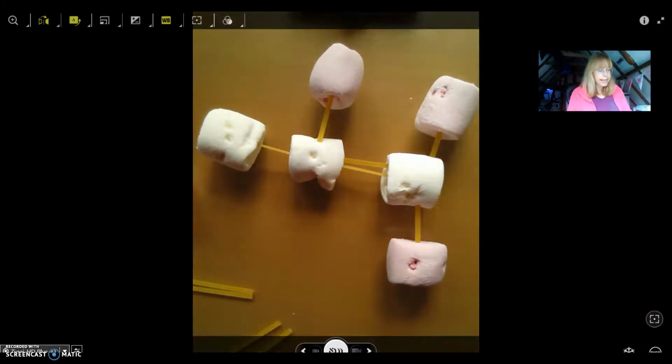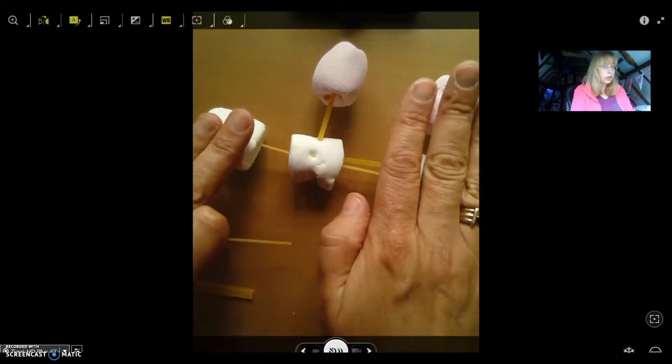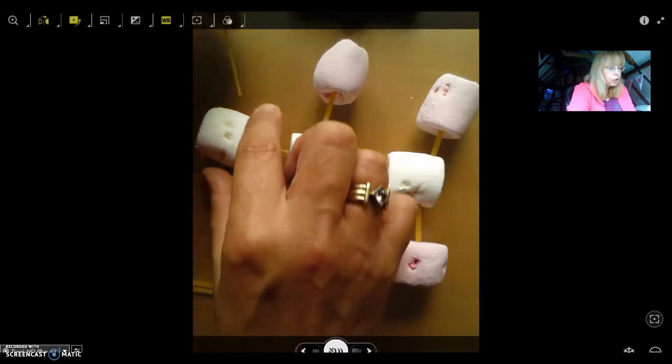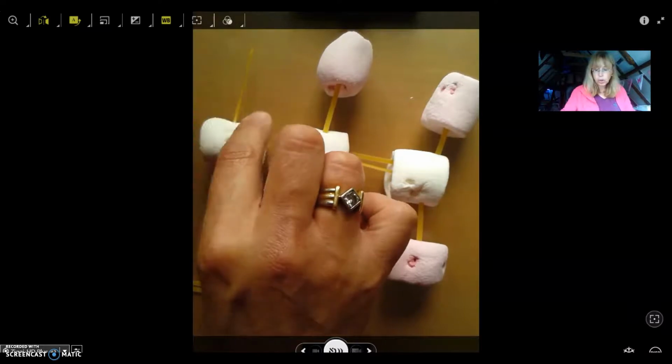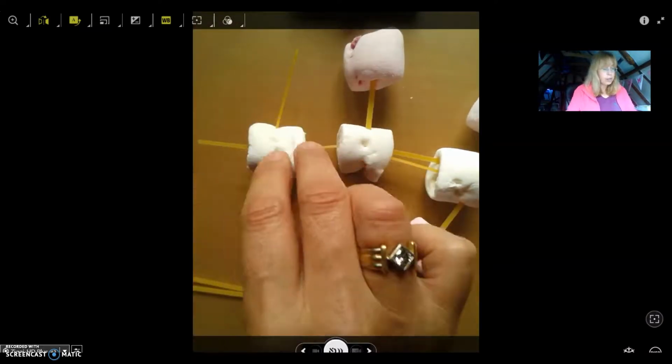Okay, right, and then for our final, let's just double check. 1, 2, 3, 4. So that one has got everything it needs. Now this carbon atom has got 1 bond, so I've got to add on 2, 3, and 4.